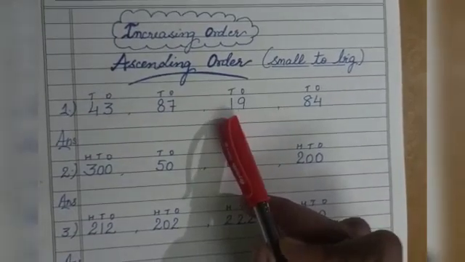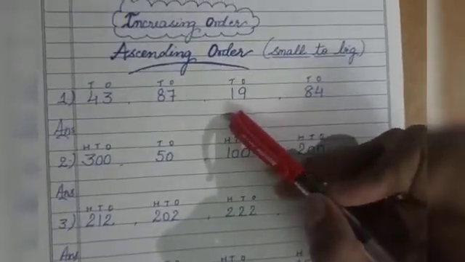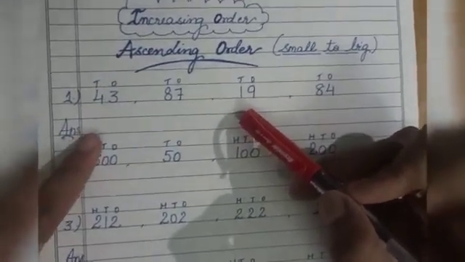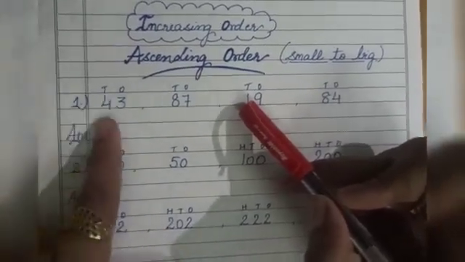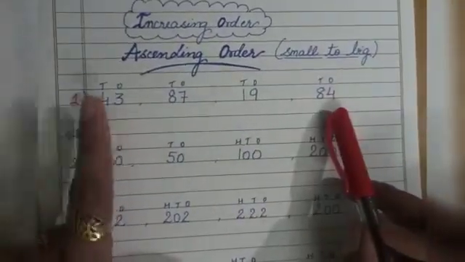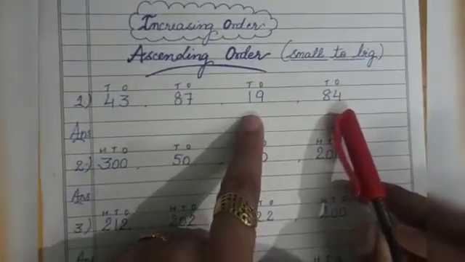Definitely this side is the smaller one. Here tens value is 1. So what I'll be doing is, I'll write 19 over here and I'll cross this number so that when I'm doing the next one, I will not be confused with the 19 which I've already written.